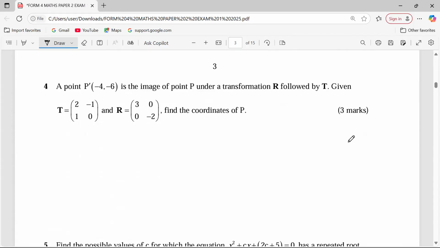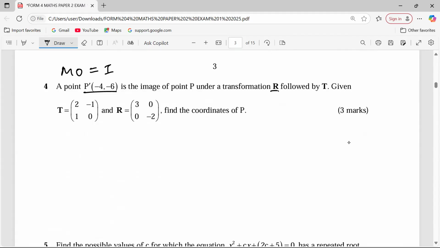So we can first say that there is this final image. And remember, a matrix multiplying an object gives us an image.